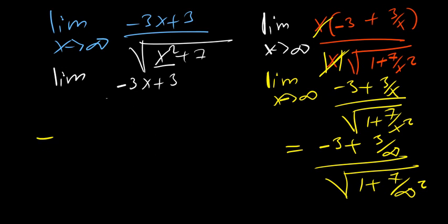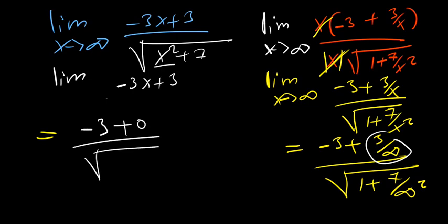Then from here we'll say negative 3, this guy will give me 0, plus 0, divided by the square root of 1, this guy will give me 0. The square root of 1 is 1, and the answer becomes negative 3. As simple as that.